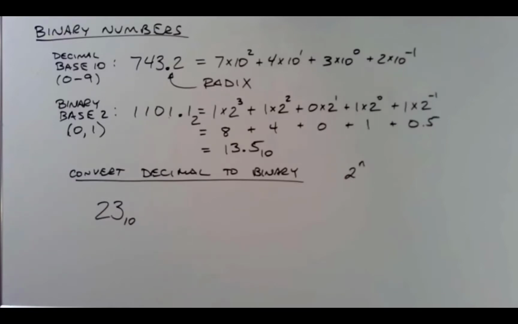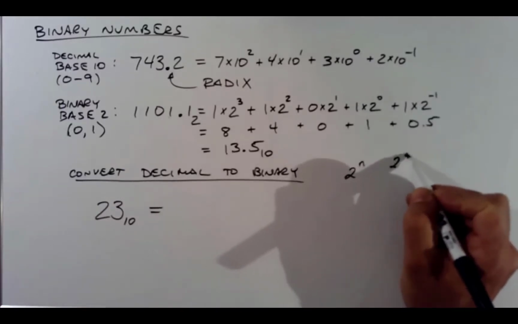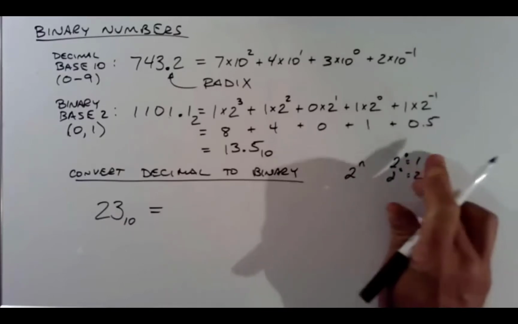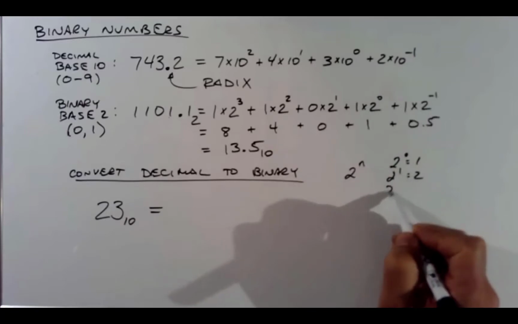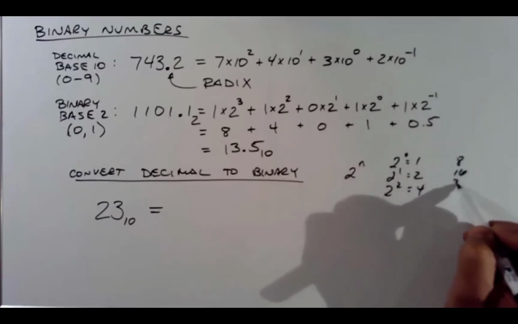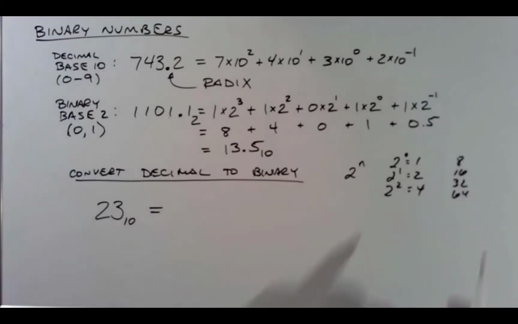An easy way to do that is to figure out how to create 23 out of powers of 2. So you can think of powers of 2: 2 to the 0 is 1, 2 to the 1 is 2, 2 squared is 4, and then 8, 16, 32, 64, 128, and so on.